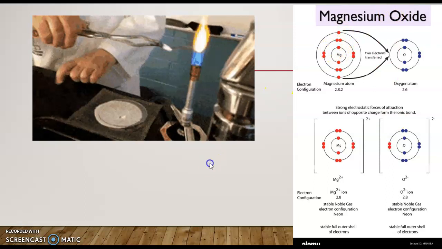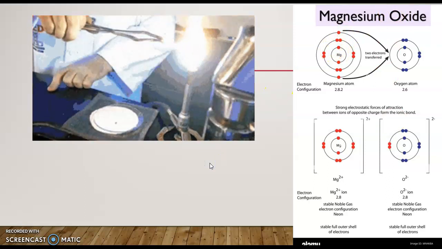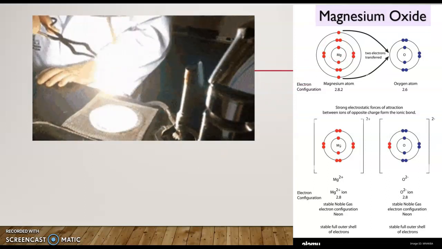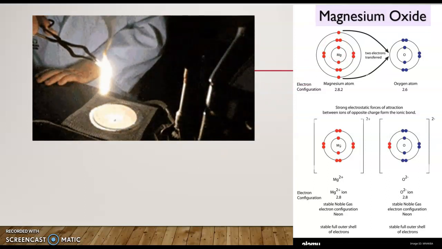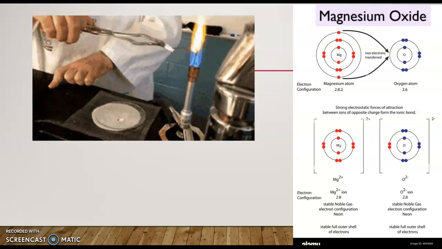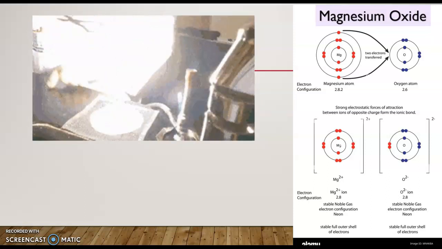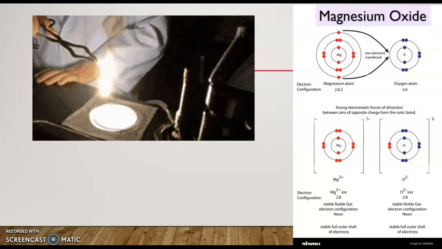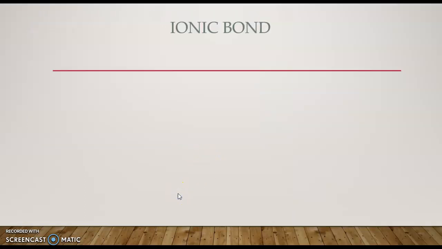So these were two examples, and this is how it works. This is the reaction. You see the bright white flame that comes from the reaction of magnesium with oxygen. Okay, so we're done with that.